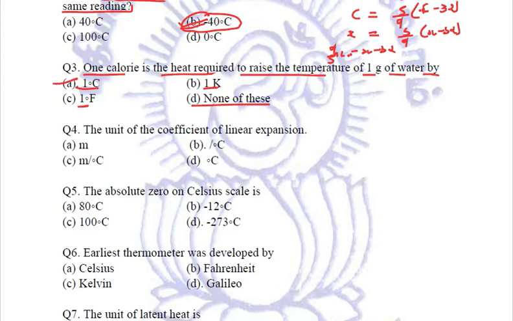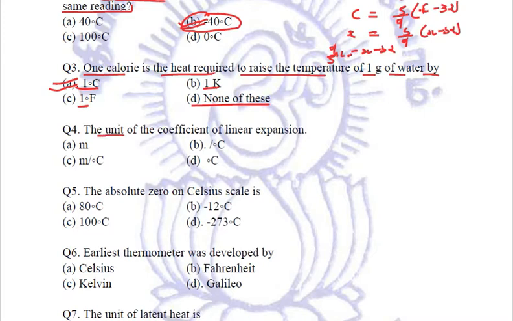We know that the answer is 1 degree Celsius. This is what 1 calorie is. And we should also know the value of 1 calorie: 1 calorie is equal to 4.18 joules, in case it comes in any other question later on. Fine. So let us come to the next question.